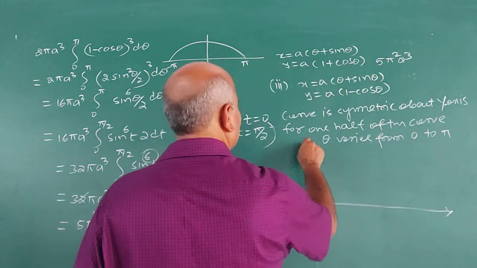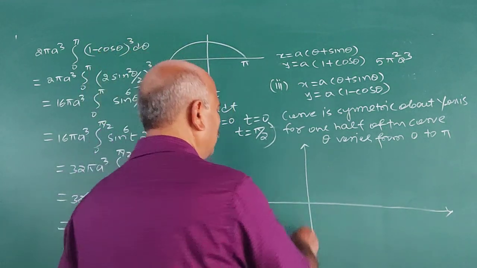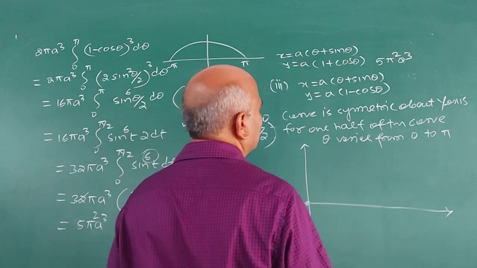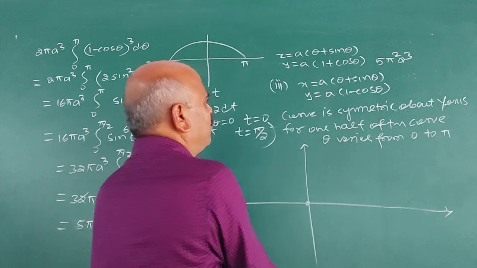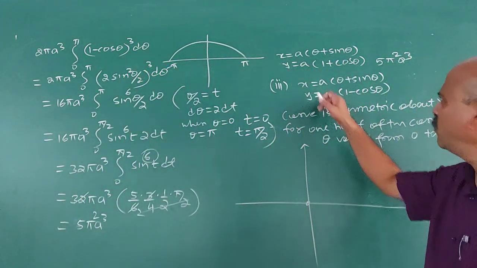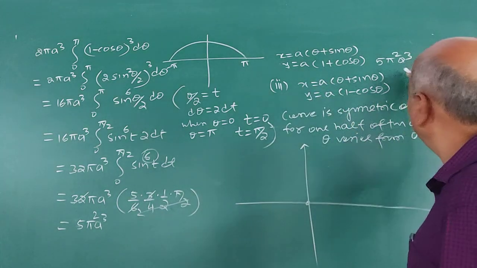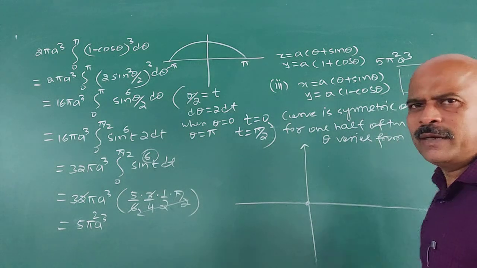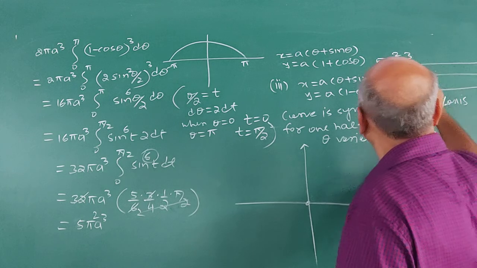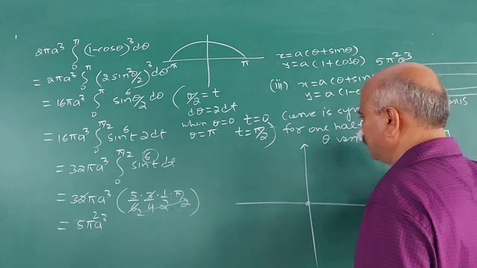Consider the coordinate axes. It is symmetric about the y-axis, and see the values here. When x is 0, y is 0. When theta increases, theta plus sin theta, x increases. We have to plot the points here by taking theta from 0 to pi. See what you get here.